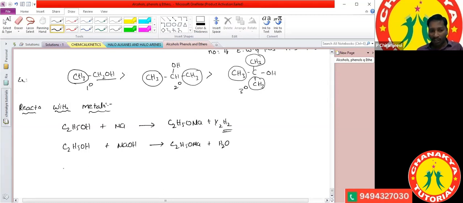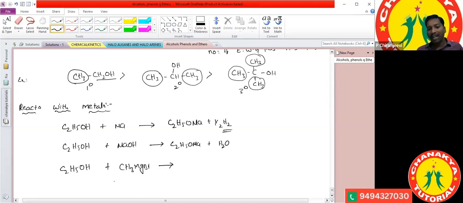And one more reaction. If C2H5OH reacts with methyl magnesium bromide, CH3MgBr, can anyone guess the product formed?